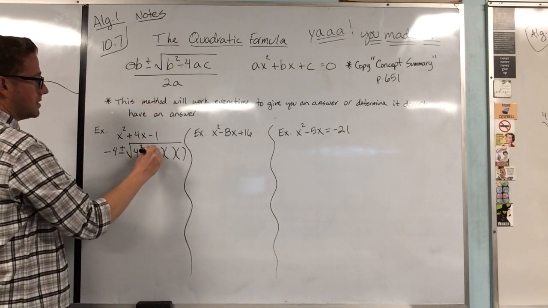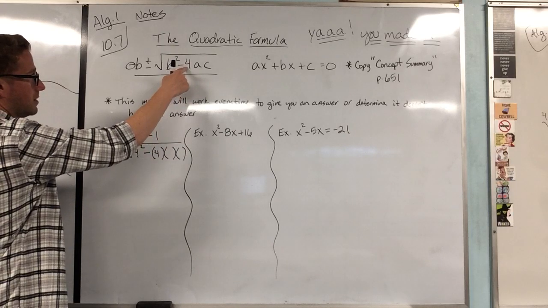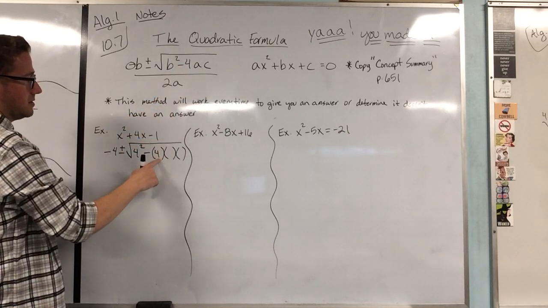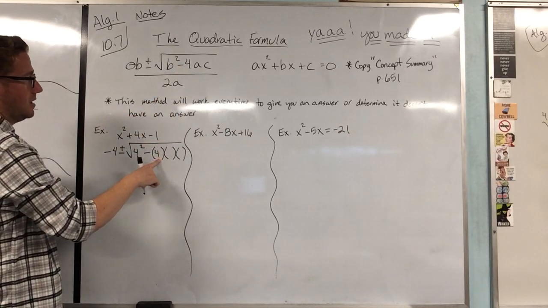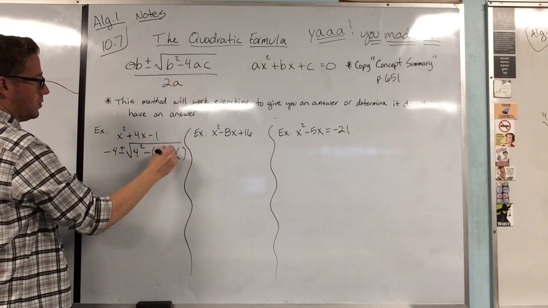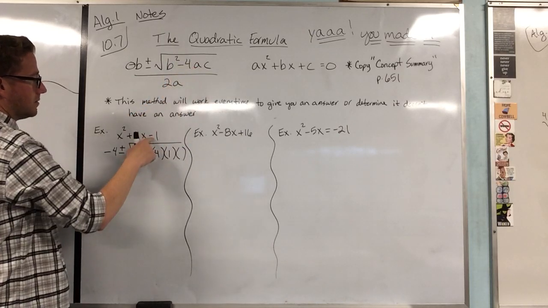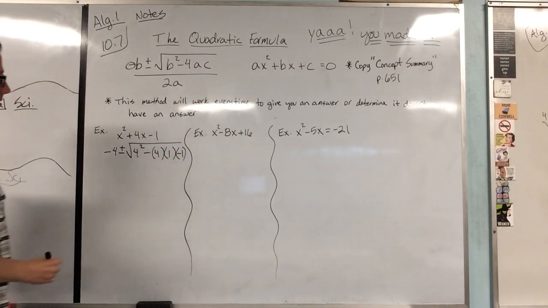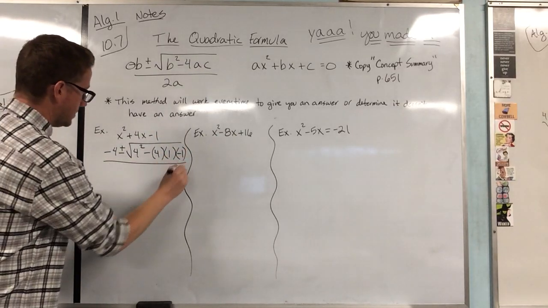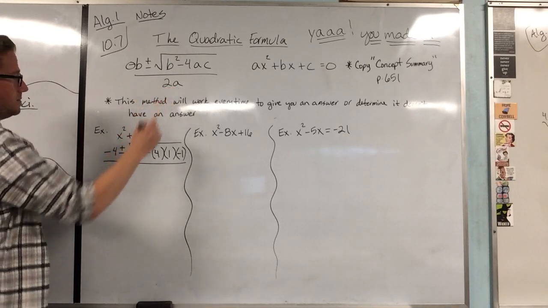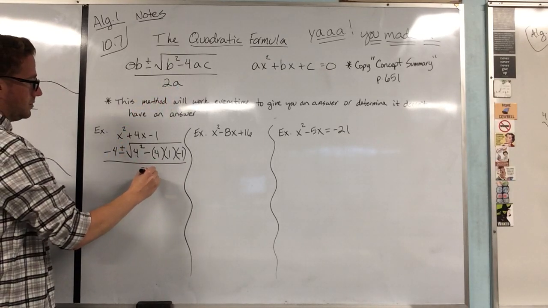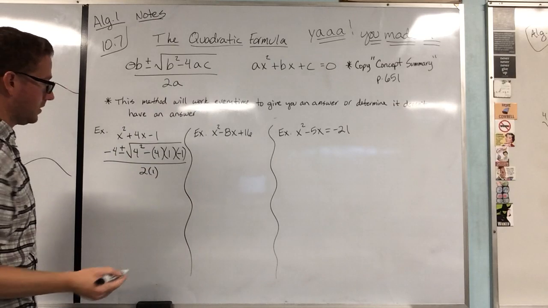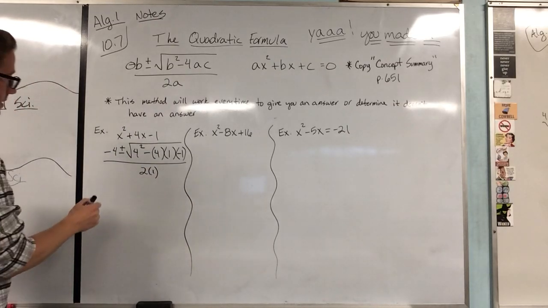That number 4 is given. That number 4 right here is the same as this number 4 right here. Okay? And then a, remember, was 1, and c, right over here, is negative 1. Okay? And then this whole thing is divided by 2 times a, which is 2, and remember a is just 1. Okay? So let's work this out.